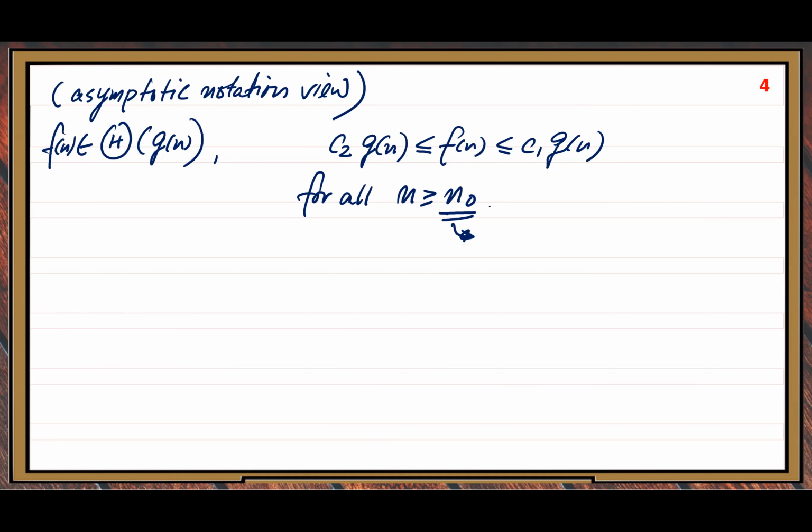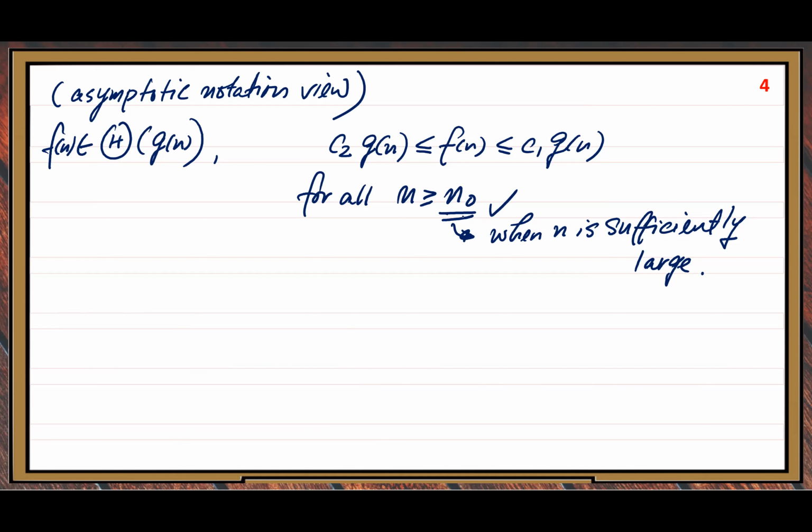This number n0, I explained, corresponds to when n is sufficiently large. Remember that? Sufficiently large.